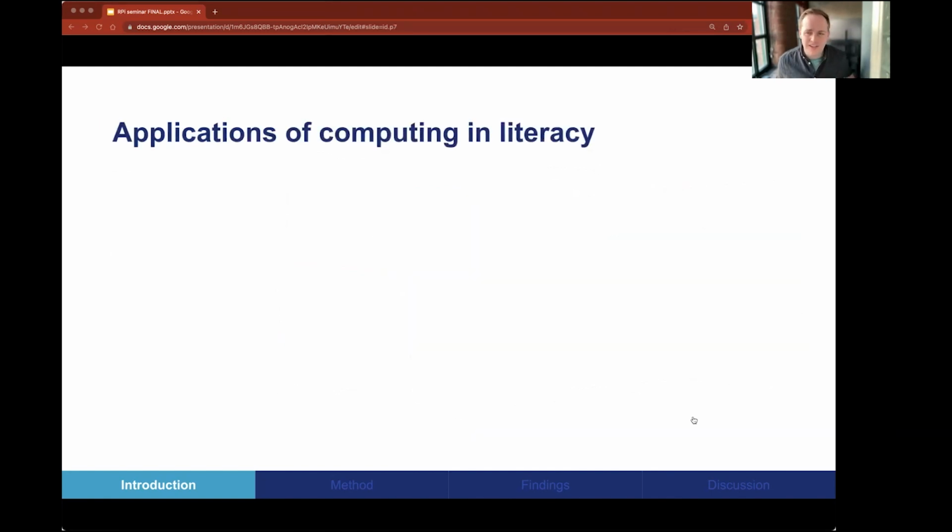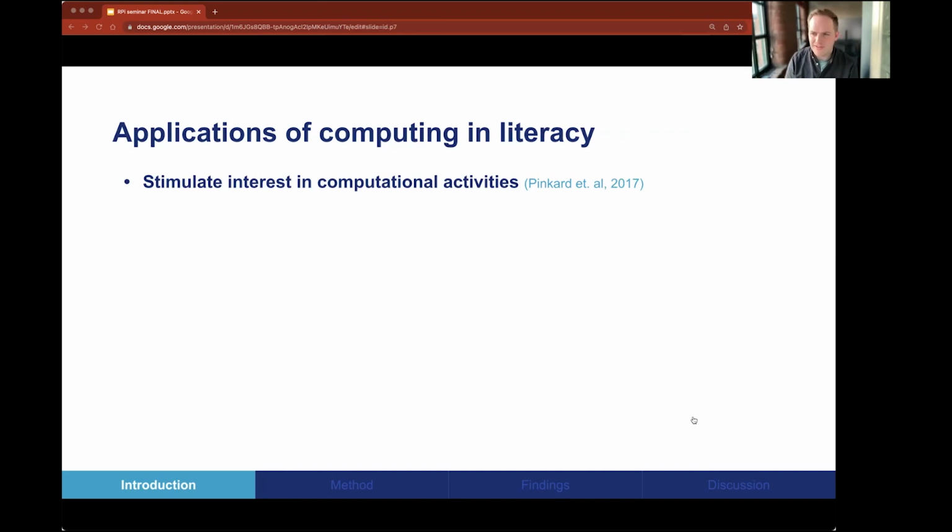I started to look at past examples of computing in literacy, or the application of computing in literacy. Work by Nicole Pinkard on narrative-driven computing activities has shown that it can stimulate interest in programming and computing, because there's a relevance there. Students are creating their own programs, and they've got agency and choice over what kind of projects they develop.